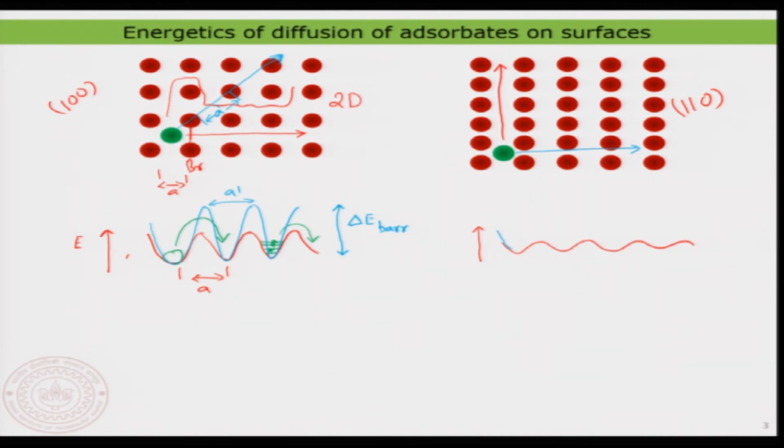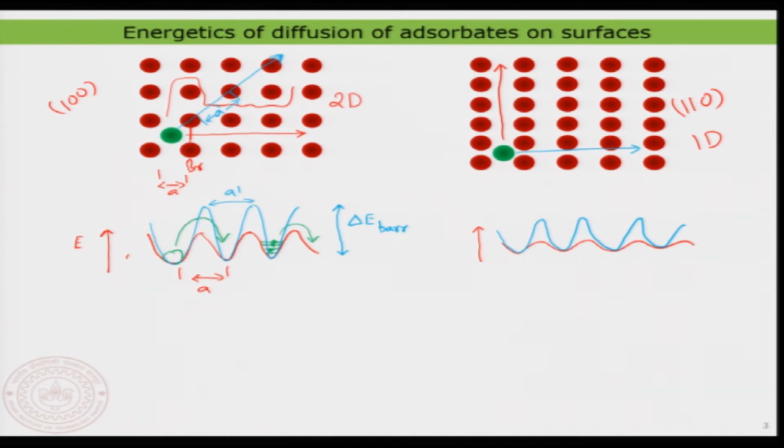So, again the barrier is going to be very high. This is the reason why you are going to get a very preferred direction in the diffusion on the 110 surface, and that is also the reason why you have seen that the diffusion on the 110 surface is more one-dimensional than two-dimensional.